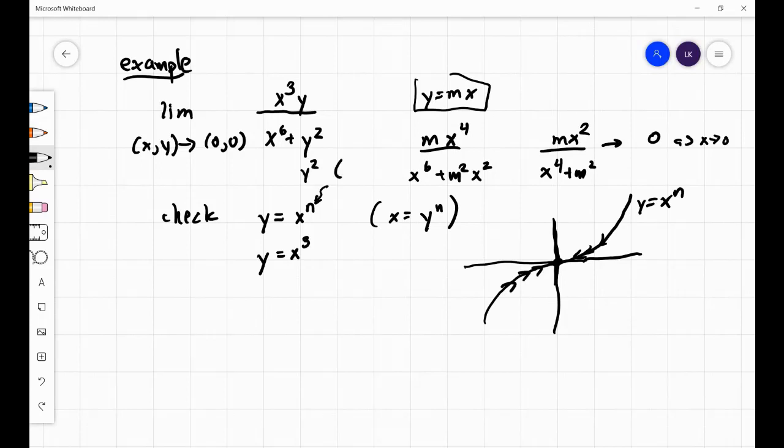So if I were to replace y with x cubed, y squared would become y to the power 6, sorry, x to the power 6, which would match this. So that would be my first guess. So let's take a limit as x, and then y, which is x cubed, goes to the origin.